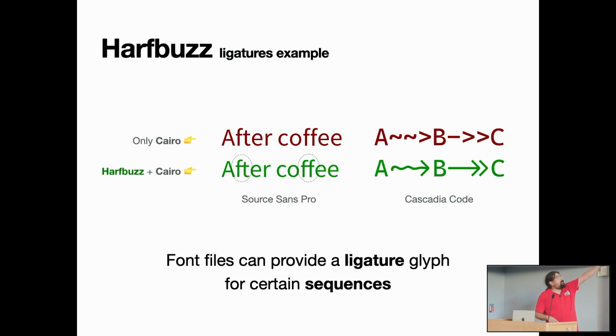The same happens, for example, in this nice font that is now in fashion with Visual Studio Code, that renders the arrows, translating the ASCII characters to those nice arrows. And this is all done by HarfBuzz.